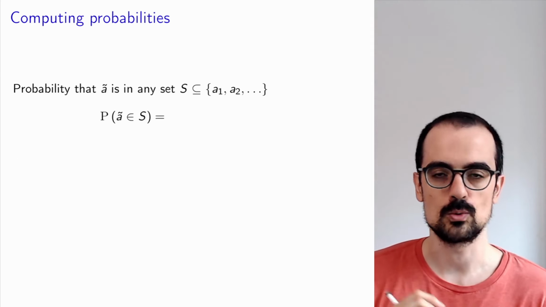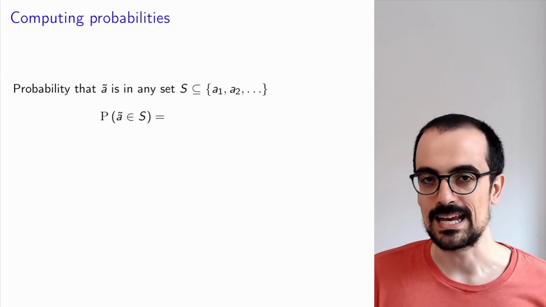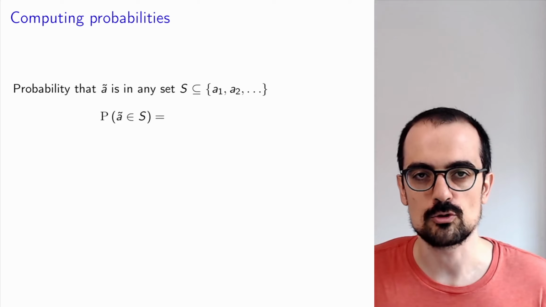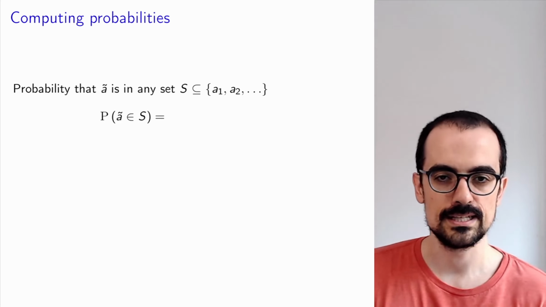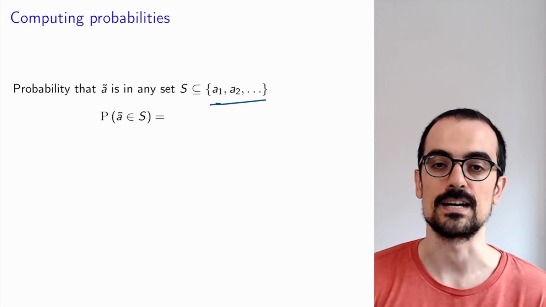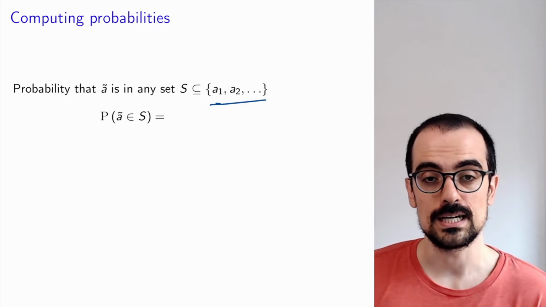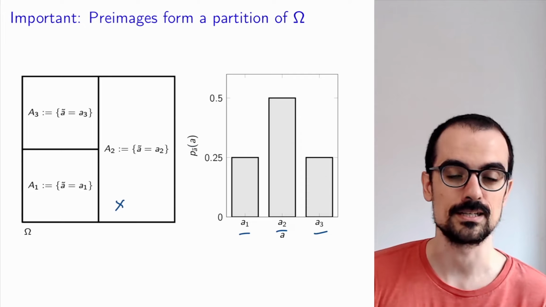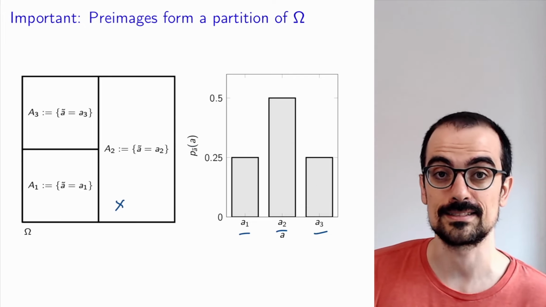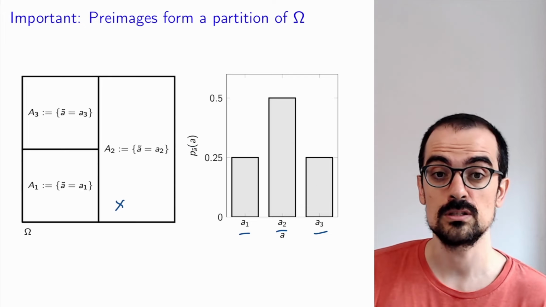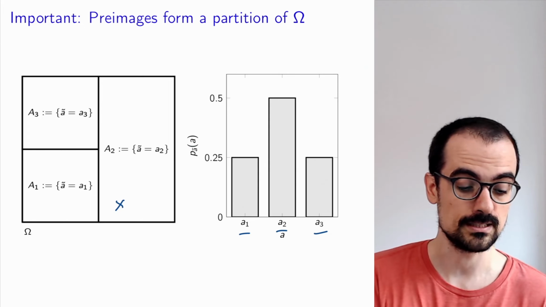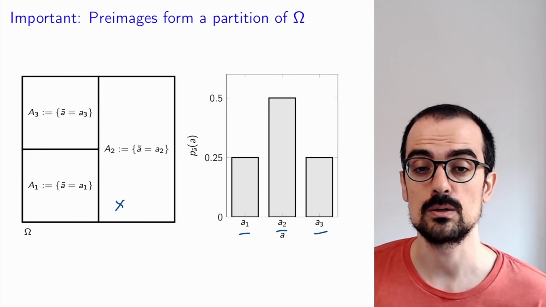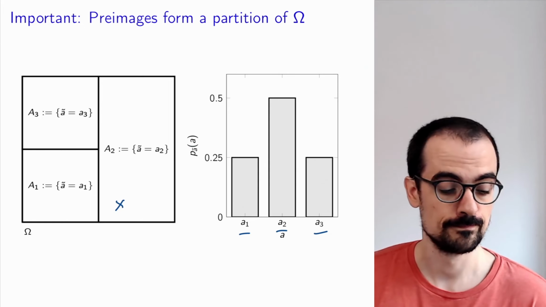So imagine that you want to describe the behavior of the random variable. Typically, the way you're going to describe it is by saying, oh, it's in this subset of its possible values. So if you want to do that, then you're in luck, because you can go back to this partition and represent that subset as a union of events in this partition. So imagine that you want the probability that the random variable is equal to A2 or A3.